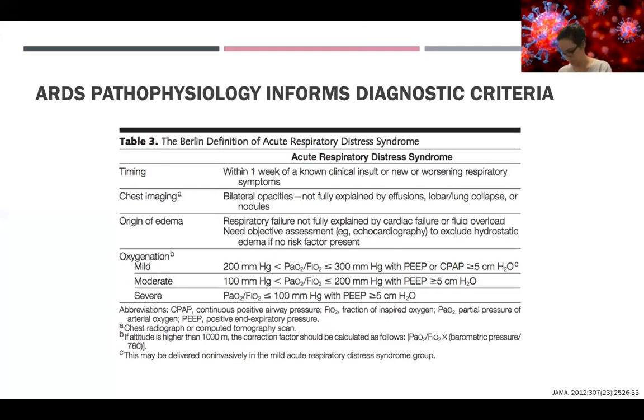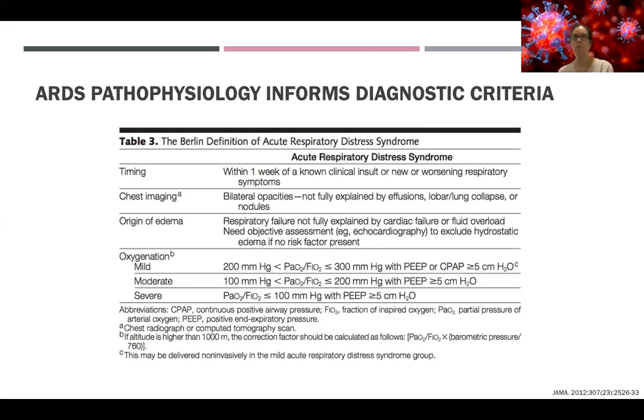The presentation requires chest imaging with bilateral opacities that have the appearance of pulmonary edema, but is not fully explained by pulmonary effusions, lobar collapse, nodules, or masses. And the origin of that edema, again, cannot be fully explained by heart failure or cardiogenic causes, essentially.